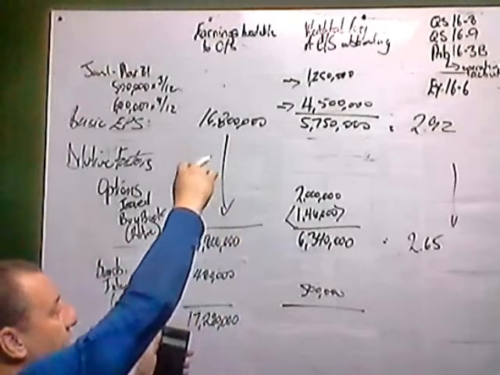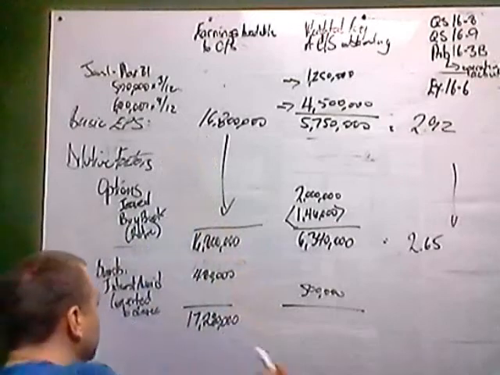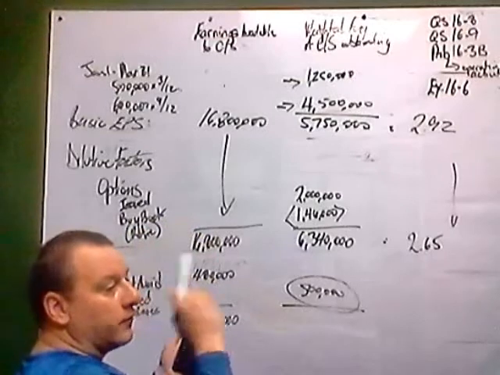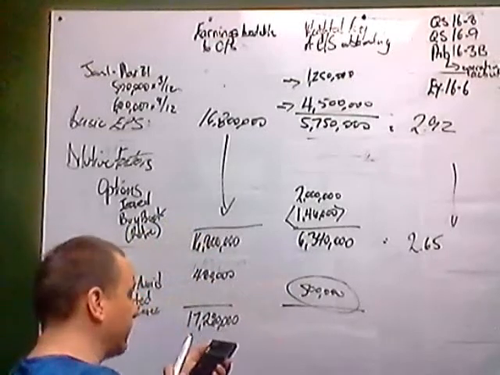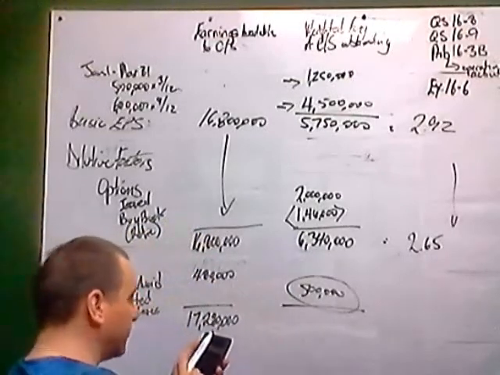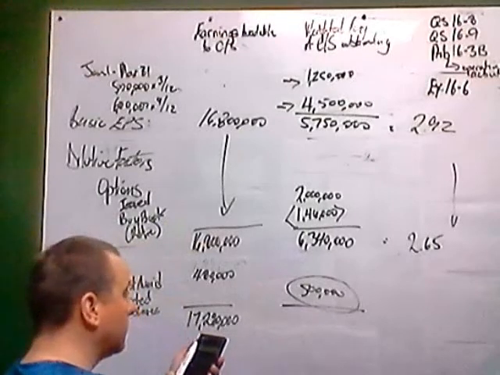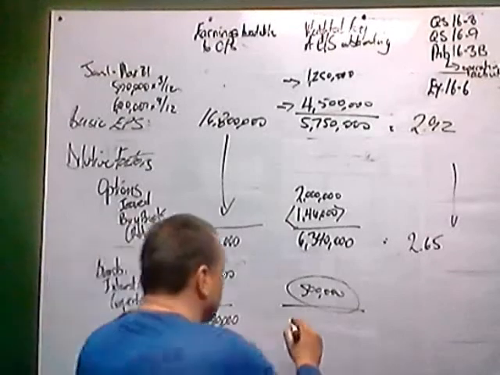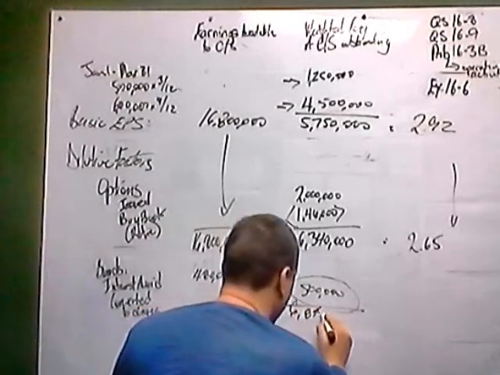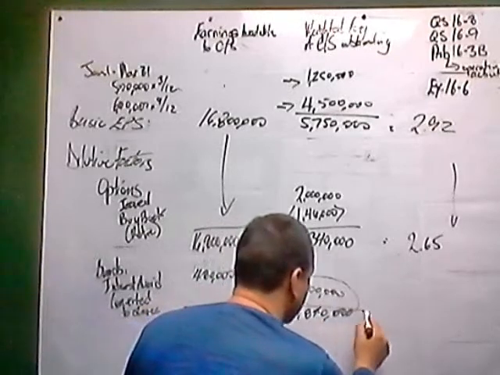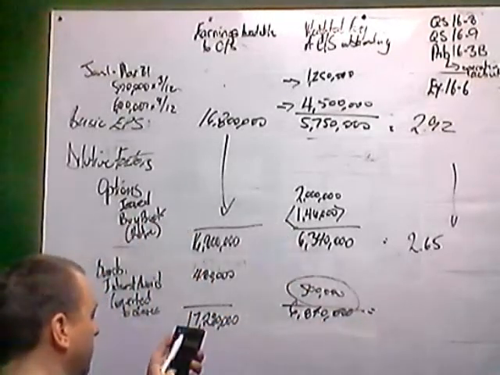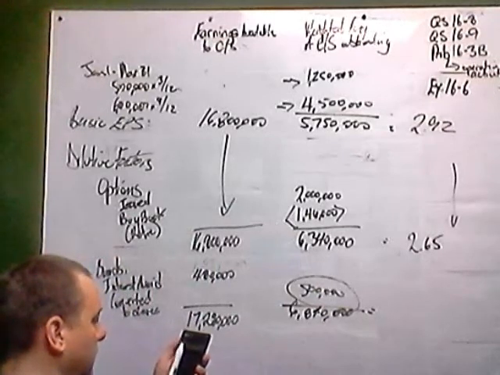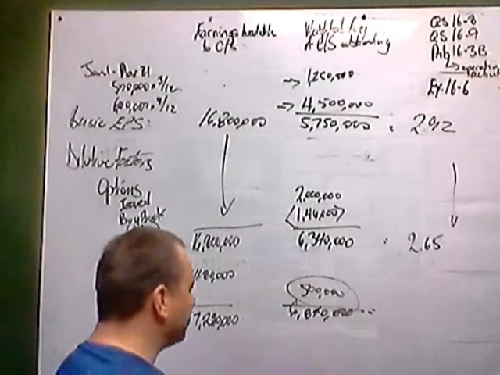Now on the weighted average side, on the average shares outstanding, we've got to add another 500,000 because those convertible bonds converted to shares. So now we have shares of 6,340,000 plus 500,000, which is 6,840,000.